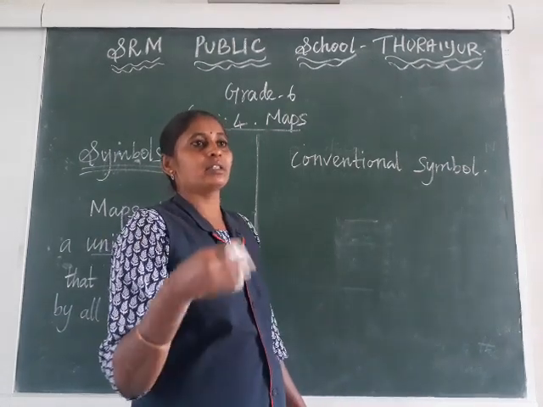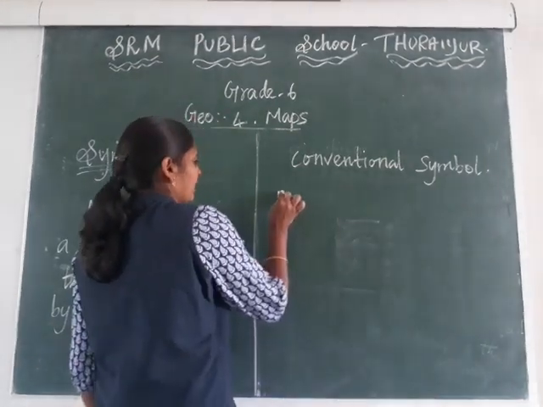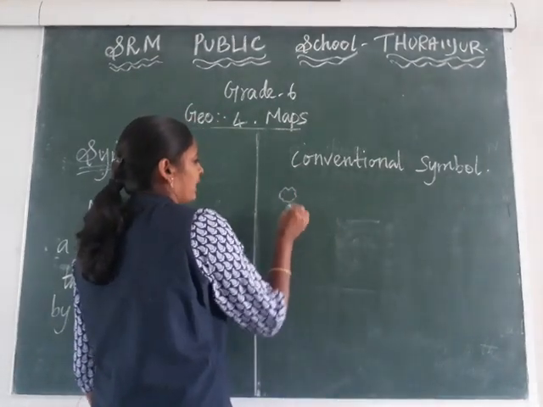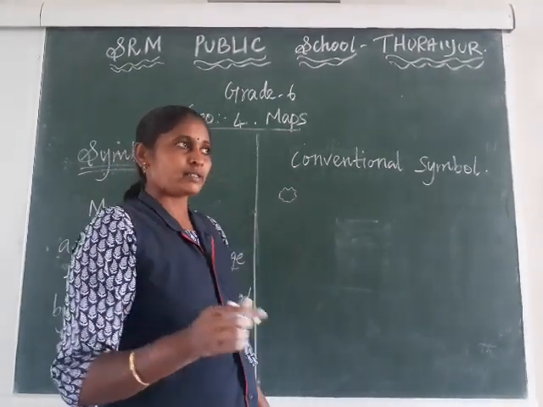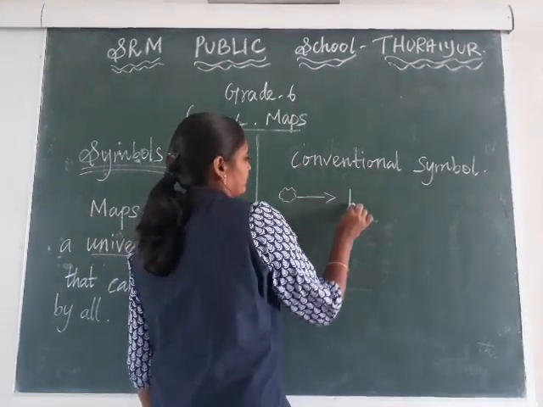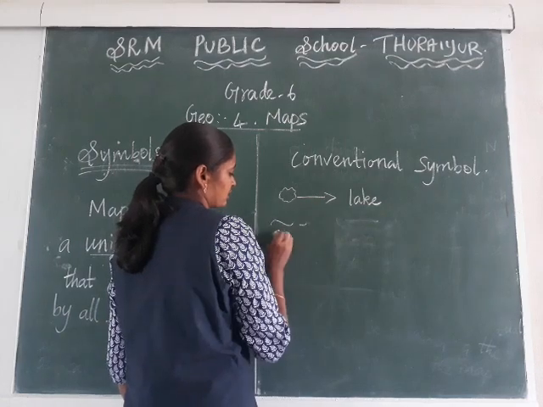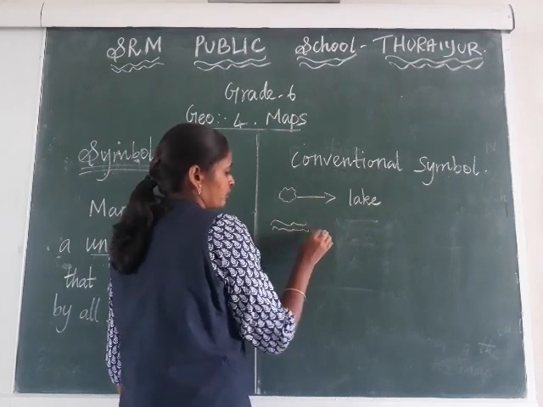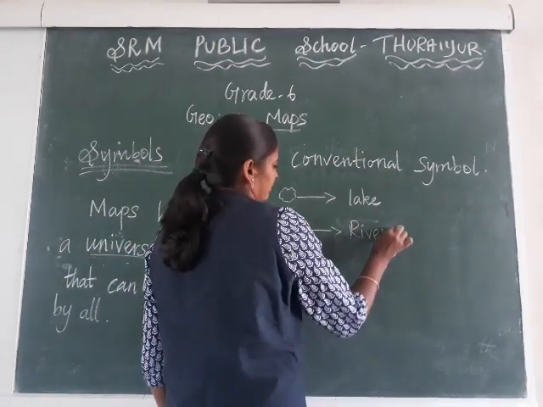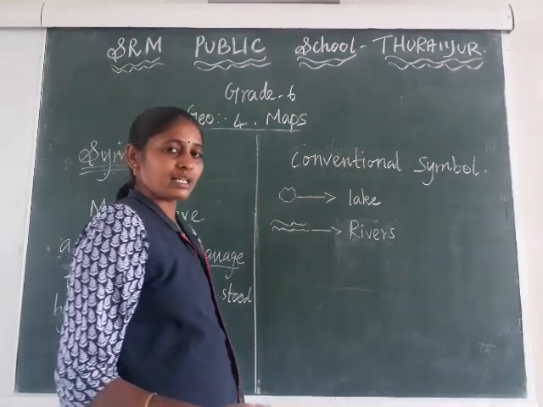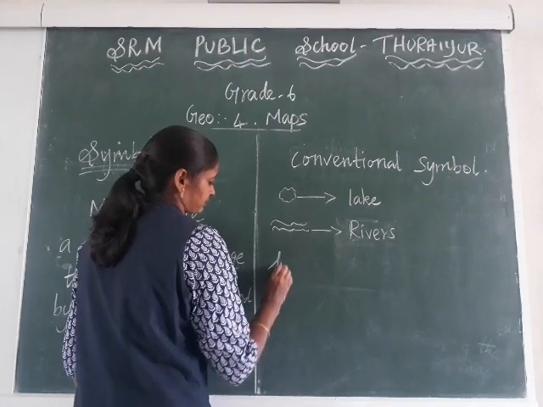So to help viewers understand easily, they draw a symbol in that place and color it blue. Whoever sees the map can understand that in that place we have a lake. If they draw a line like this in the map, we can understand it indicates a river.